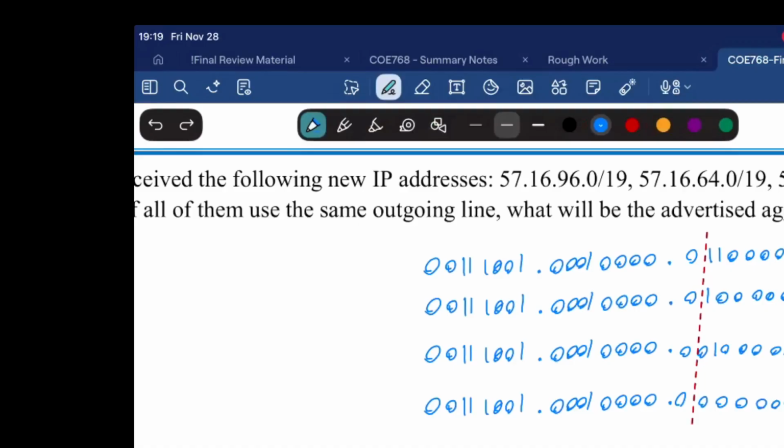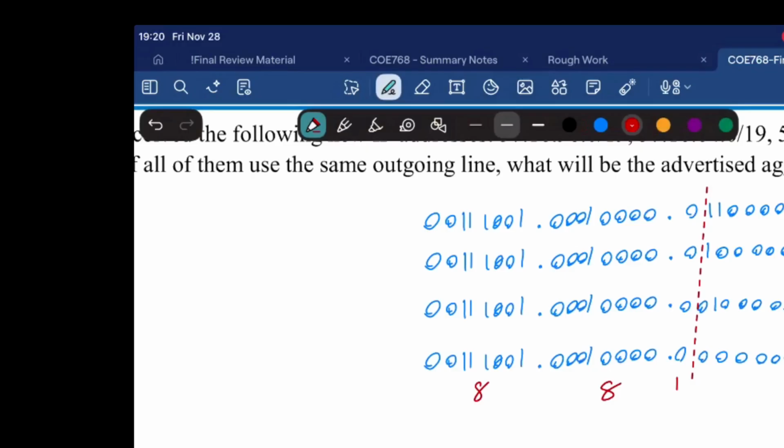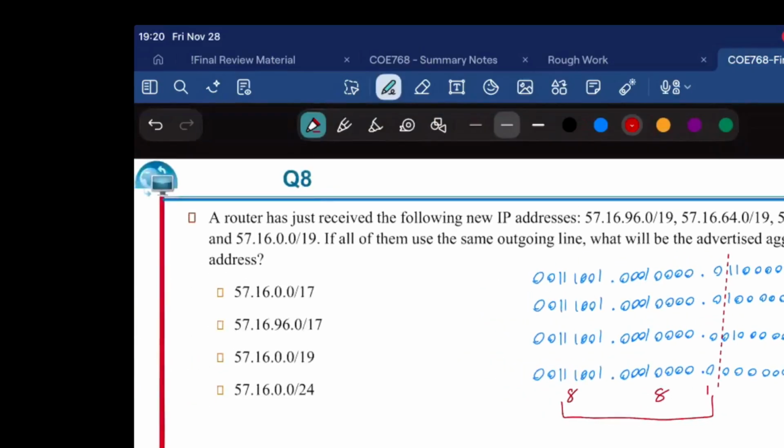From here, you can determine that this is 8 bits, this is 8 bits, this is 1 bit. That is going to be your new subnet mask, the number of bits set for your network, which is 17 bits.